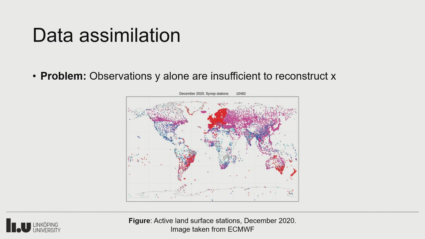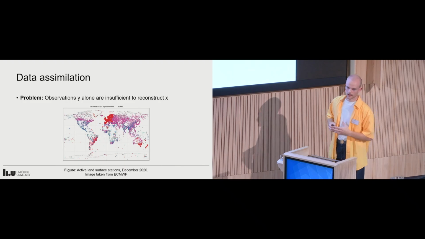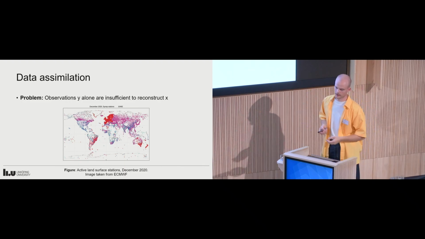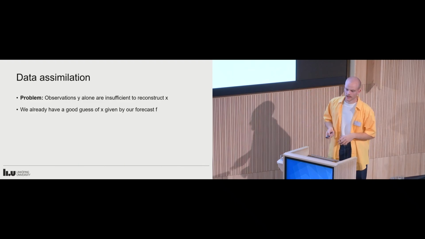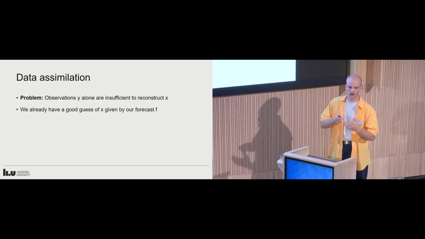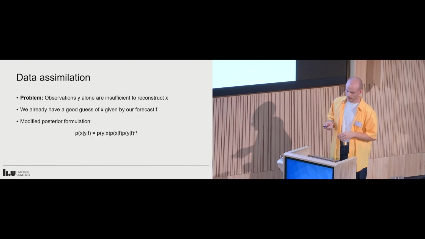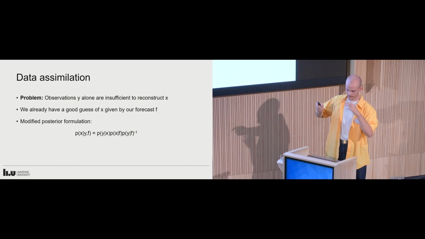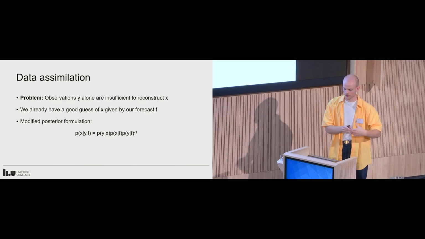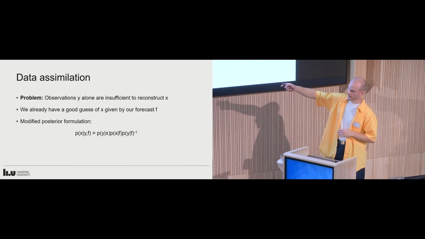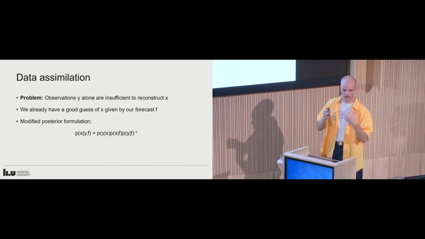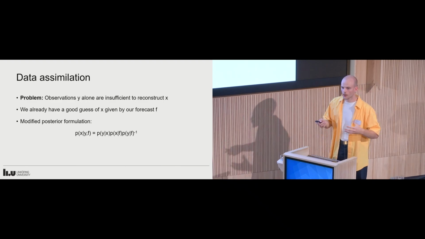However, the key thing that separates data assimilation from the static, as I like to call it, inverse problem, is that we already have a very good guess of X, which is given by our favorite forecasting model. And so if we modify the posterior to, instead of sampling from just the unconditional prior, you have this modified prior where you also condition on the forecast, we can hope to maybe get a better reconstruction of the weather state.